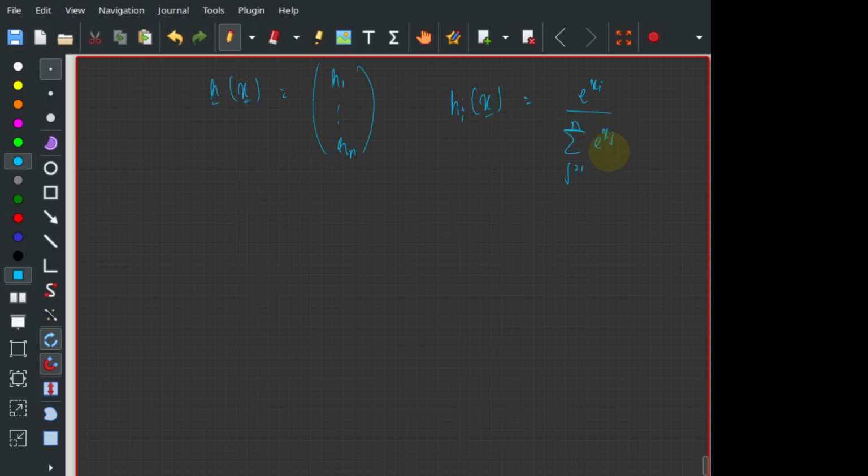So this is one example of a map from Rn to Rn. What can you say about this? Is it convex, concave? Okay, I'll leave it as an exercise. Check the convexity properties.